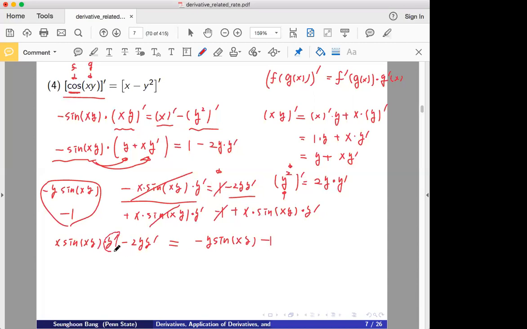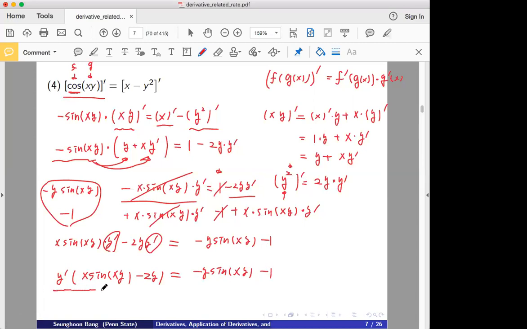The next, factor out y prime. We have x sine xy minus 2y equals negative y sine xy minus 1.